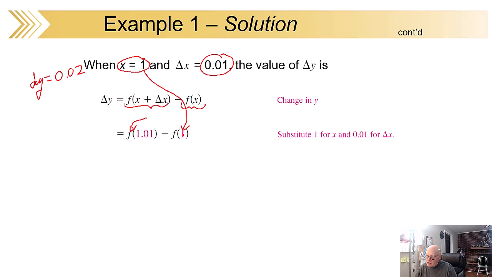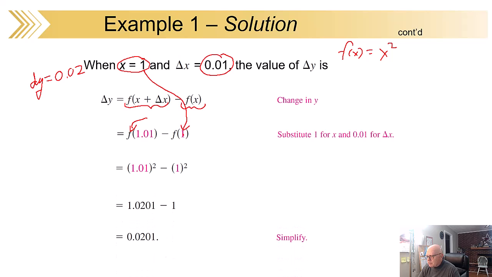Just add those two together and give them to our function. So the function value at 1.01, remember what f of x was? It was x squared. So we're going to take that 1.01, just square it. And over here, we're just going to use 1 and square it. Just like that. Now we'll multiply it and do the subtraction.